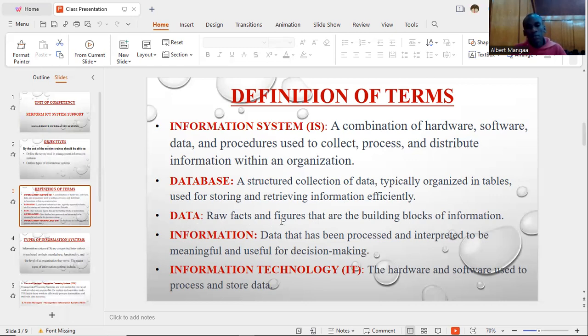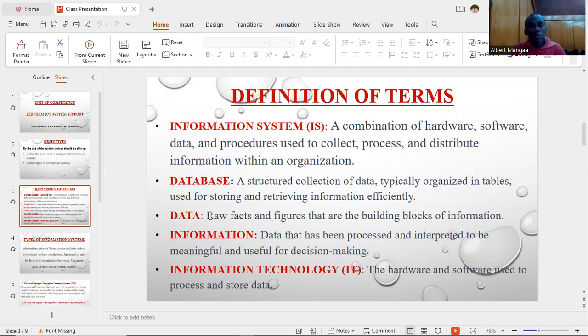Then we have data. Data are raw facts and figures that are the building blocks of information. Basically, data is unprocessed; it has not been processed yet. They are just raw facts and figures. Then we have information. Information is the data that has been processed.